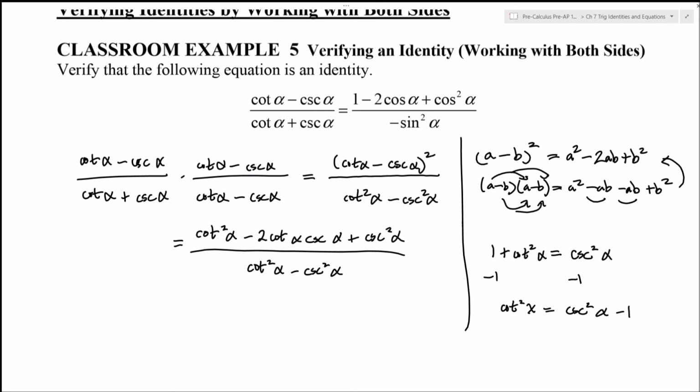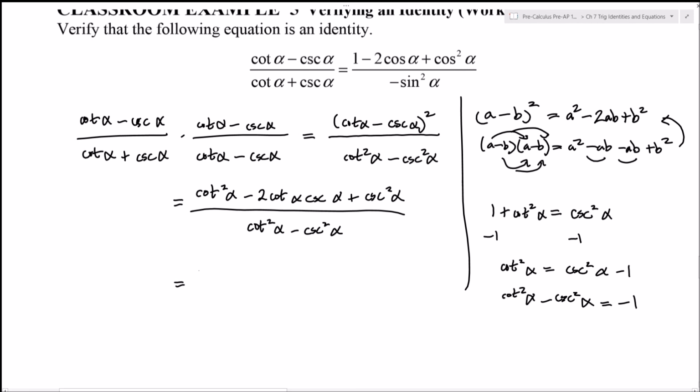Cotangent squared minus cosecant squared is supposed to equal -1. You can see that clearly if you subtract cosecant squared on both sides. So cotangent squared alpha minus cosecant squared alpha is equal to -1. That's what goes in the denominator.